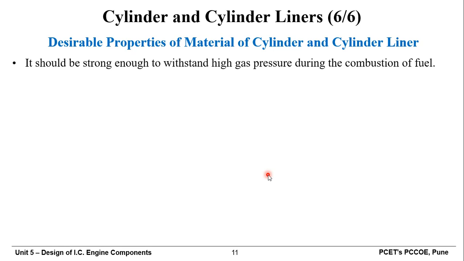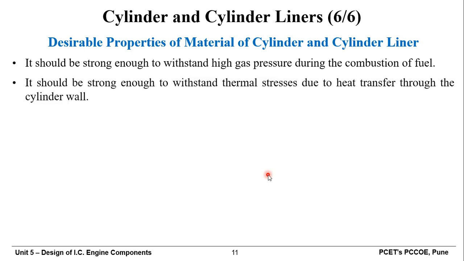The material should be strong enough to withstand high gas pressure during the combustion of fuel. This is the first desirable property of that material. Second, the material should be strong enough to withstand thermal stresses. As we know, the cylinders operate at very high temperature because of the continuous combustion.